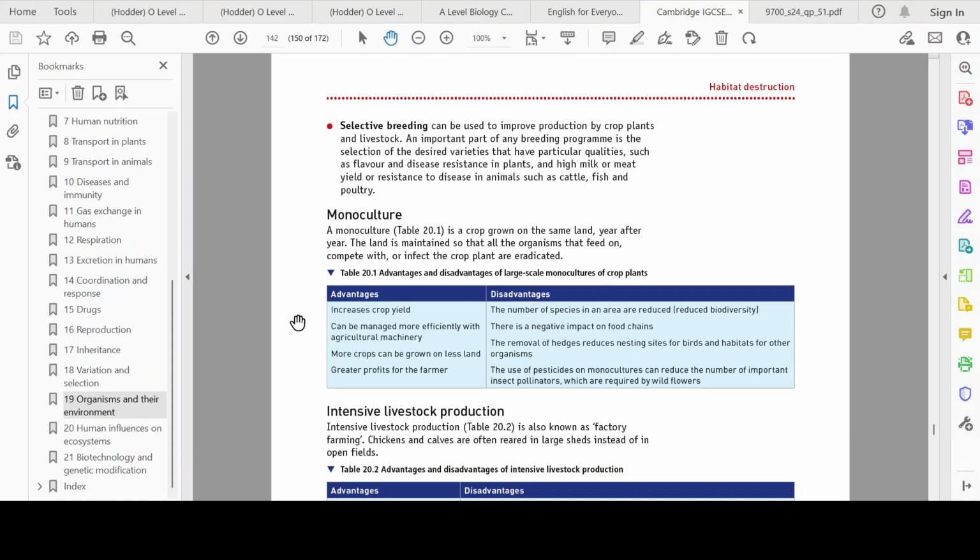Say this one has a trait that I like, for example, big grains, and this has another trait that I like, for example, a good flavor, and you crossbreed them. Well, actually, that's crossbreeding, so that's different. Selective breeding is when you take the plant that has bigger grains as compared to the smaller grains, and you use that plant to grow the next batch of crop.